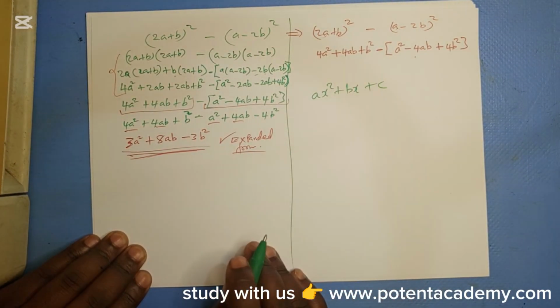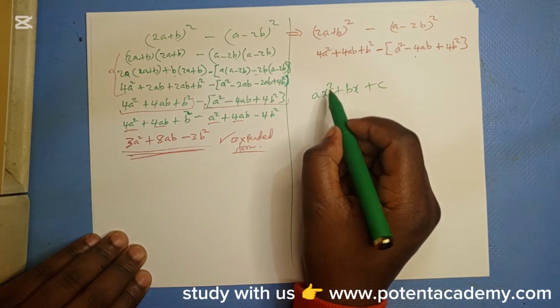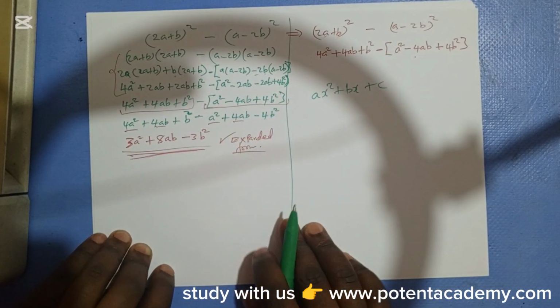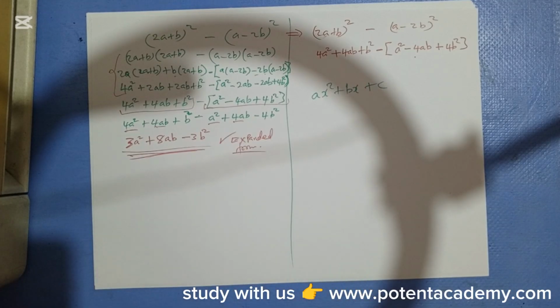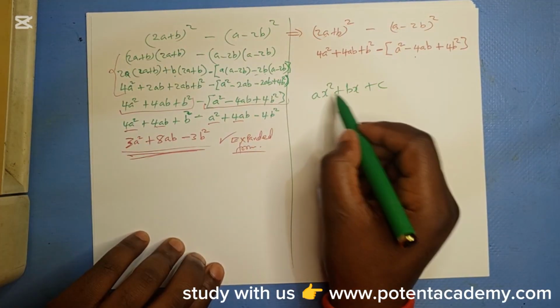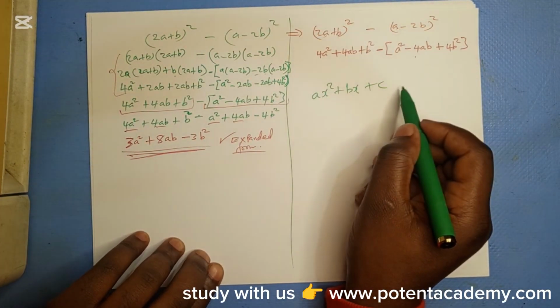This is a quadratic, because the highest power of x is squared, then you have an x, then a constant.